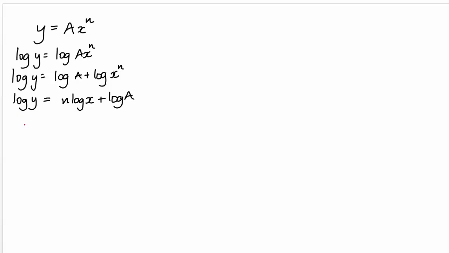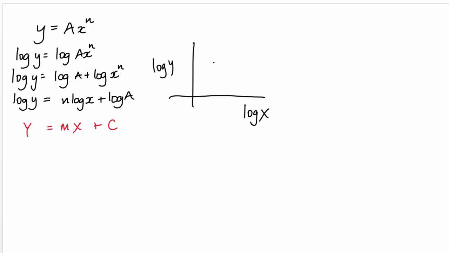If I now compare that with y equals mx add c, then clearly if I plot log y against log x, I'm going to get a straight line where the intercept is log a and the gradient is the power of the relationship at the initial outset. So that's one practical use if you suspect that they are related some way thus.